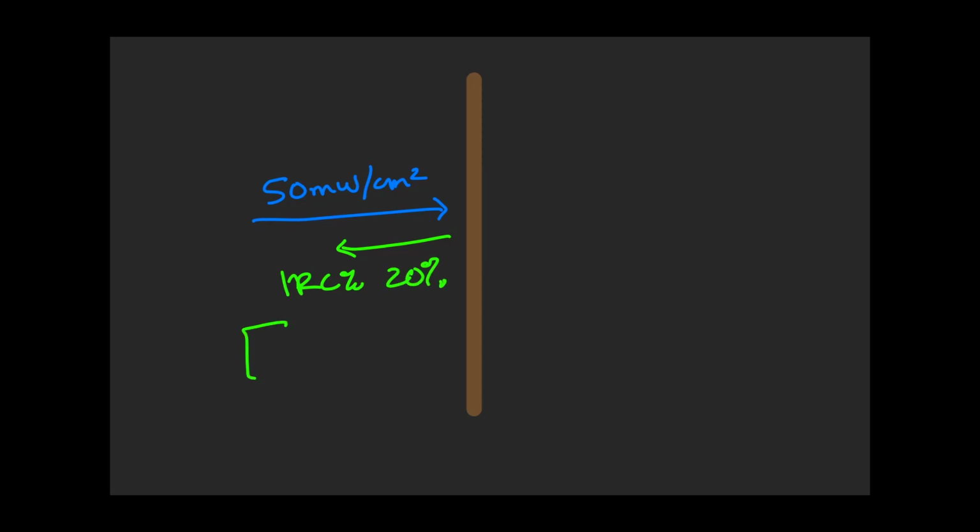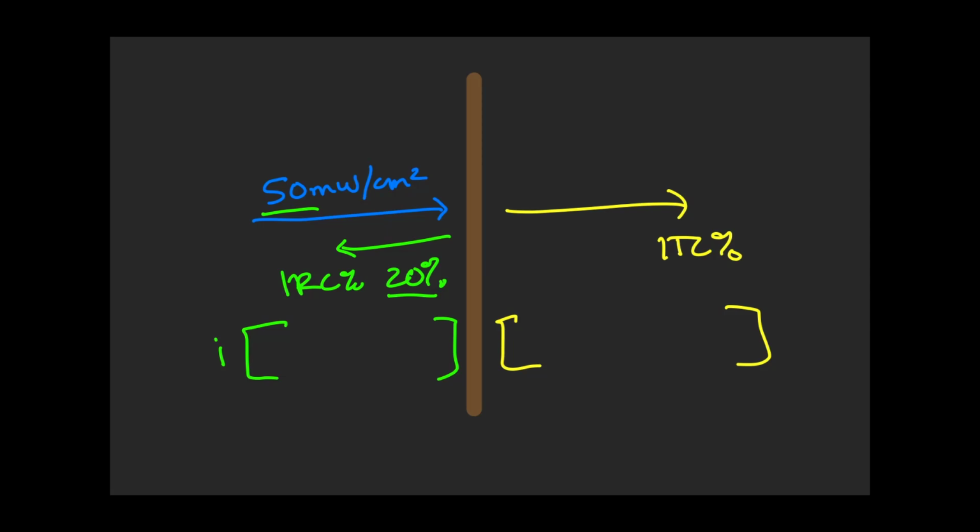So again, we may be asked to figure out the reflection intensity, or we may be asked to figure out the ITC or the transmission intensity. Let's start with the reflection. We need to then take 20% of 50 to calculate the intensity of the reflection. 20% of 50 is 10 milliwatts per centimeter squared. So now we have our reflection intensity and our IRC.